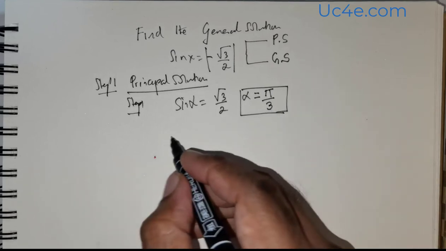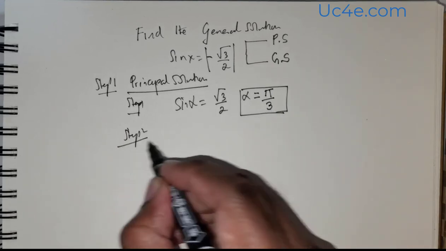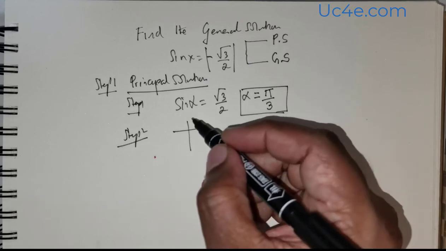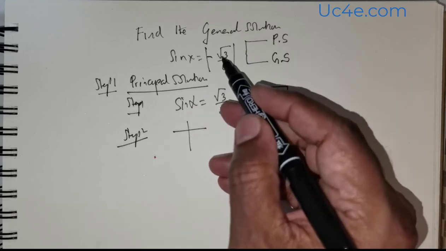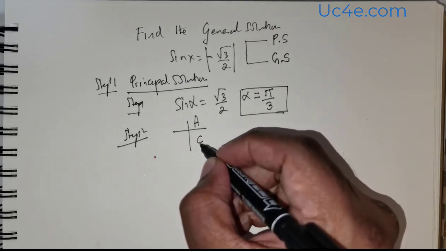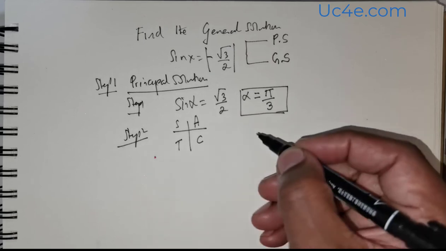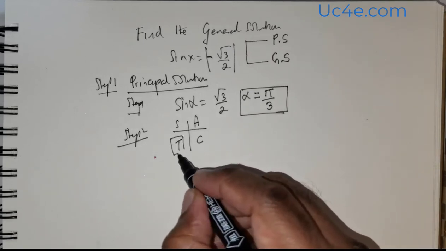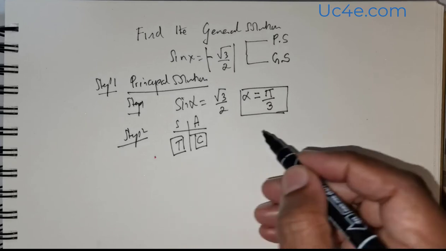So having got that, for step number 2, we will have to know exactly where sine takes the negative value. If I were to apply the CAST concept, C-A-S-T, sine is negative in the 3rd quadrant and in the 4th quadrant.